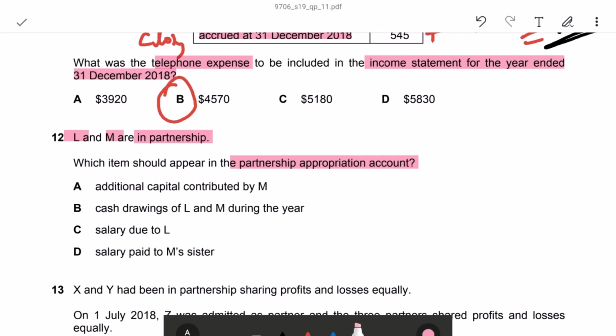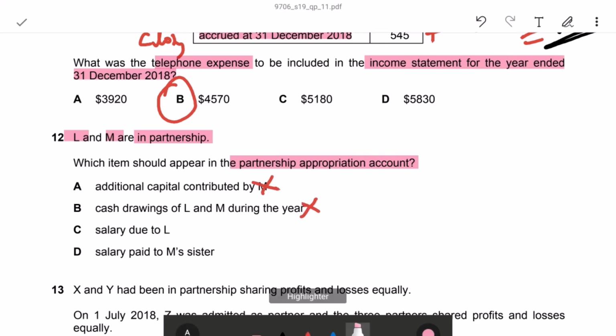So, the first one, additional capital contributed by M. One partner has contributed some capital to the business. That will directly go to the capital account. So, this is not the correct answer. Cash drawing of L and M. Drawing never goes in the partnership appropriation, it goes to the current account.